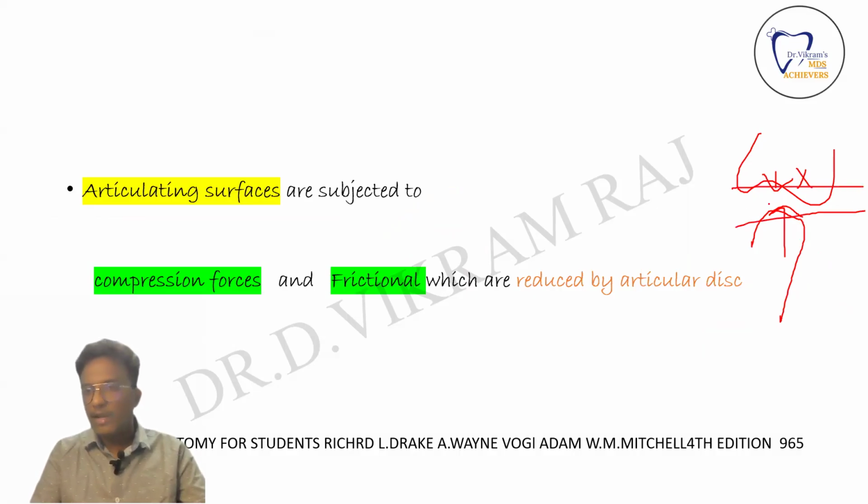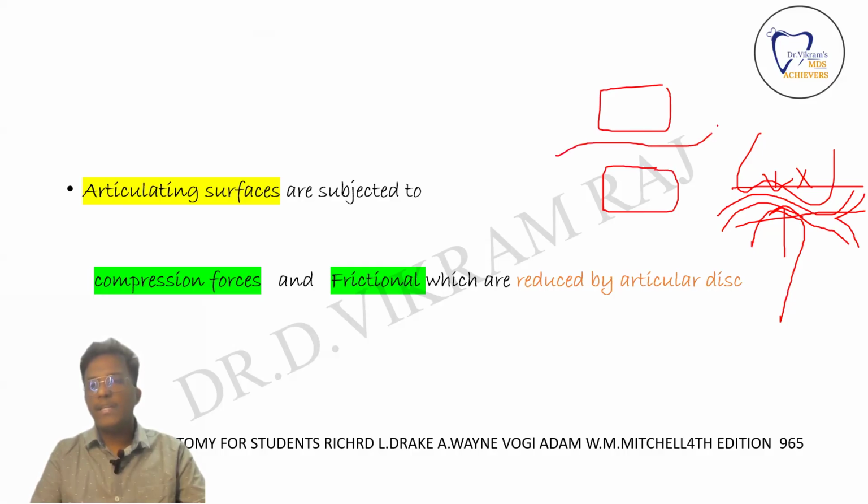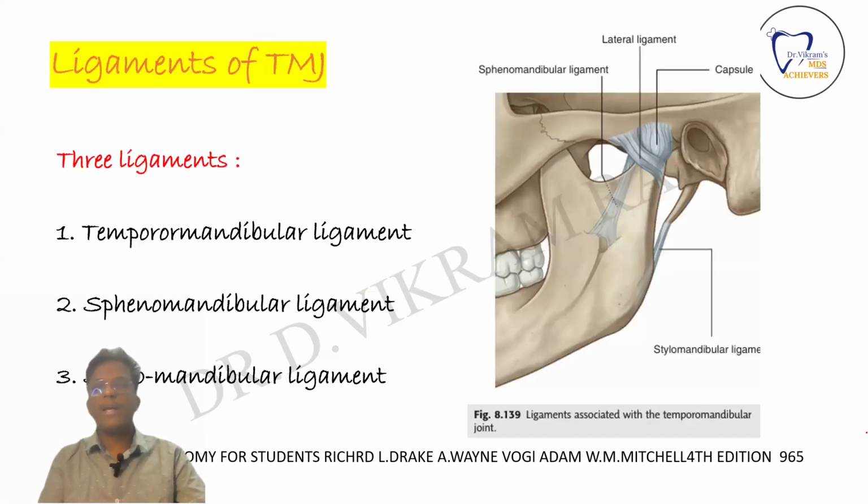To avoid that, the articular disc is present between them, providing soft tissue cushioning between the two hard surfaces. In simple terms, it is like a softer material between two rocks, along with an oily substance, that is synovial fluid, so the joint will not get abraded.